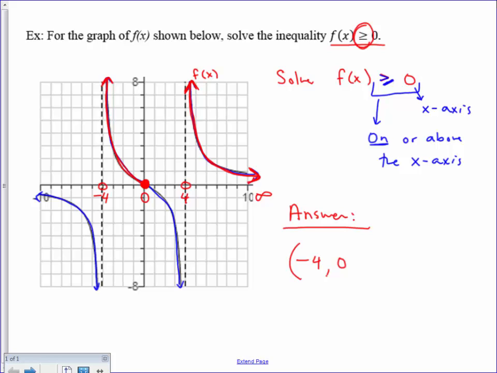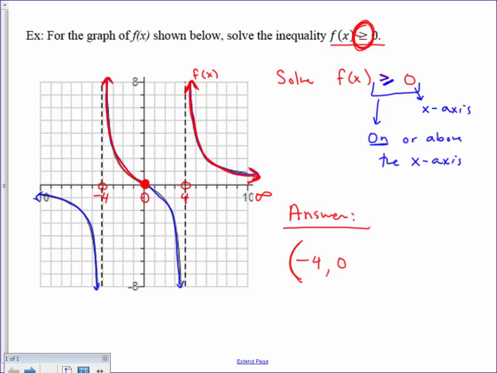The -4, that imaginary line you're drawing close to, you get infinitely closer and closer and closer to it, but you cannot ever actually equal -4. So anytime you have these dotted lines, you will always want to put a parenthesis around that particular value, regardless of what symbol you have in your inequality.